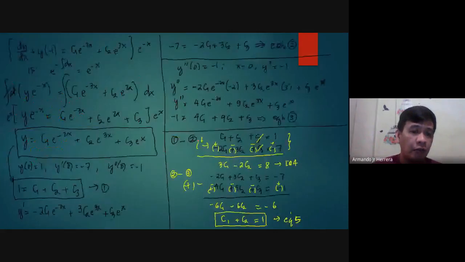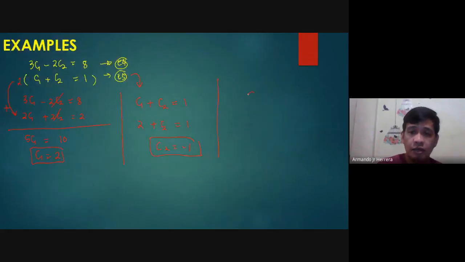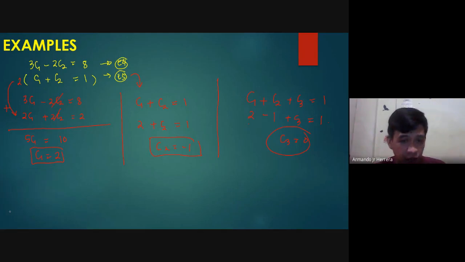Then from our equation 1, c1 plus c2 plus c3 is equal to 1. c1 is 2, c2 is negative 1, so this is 1 minus 1. So c3 is 0.